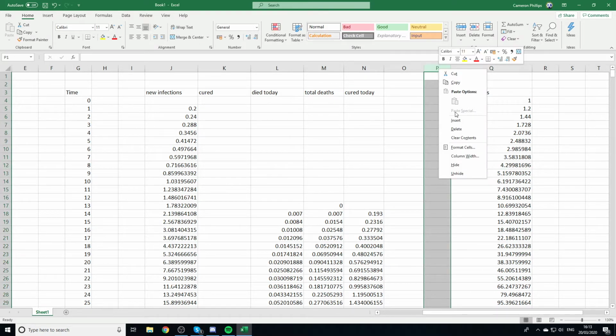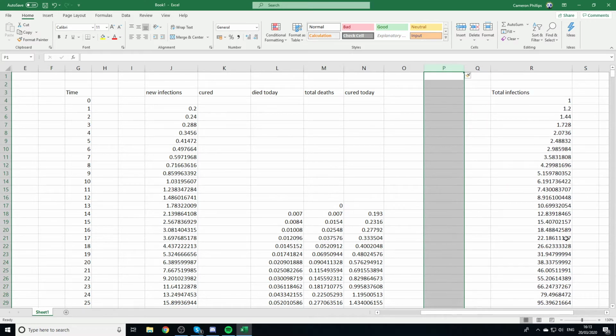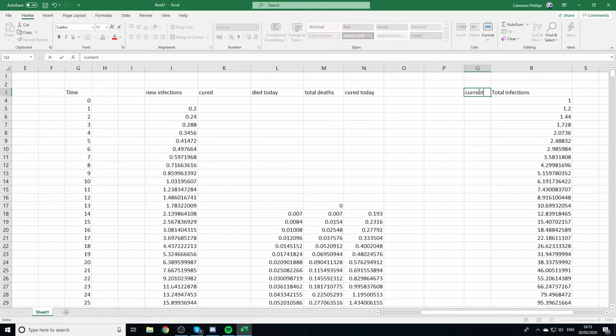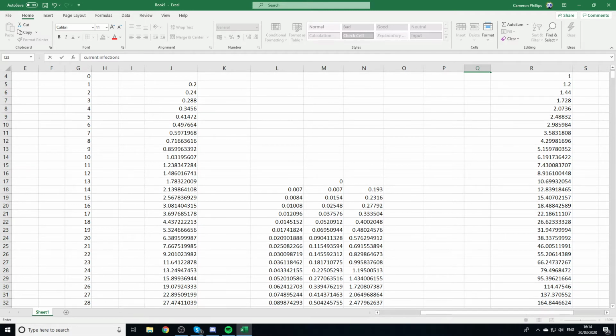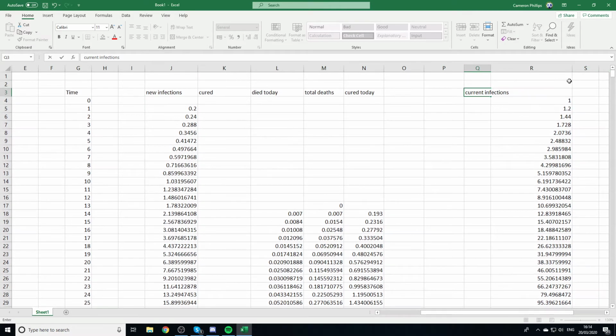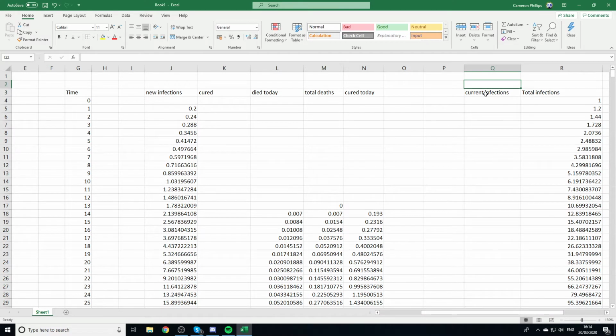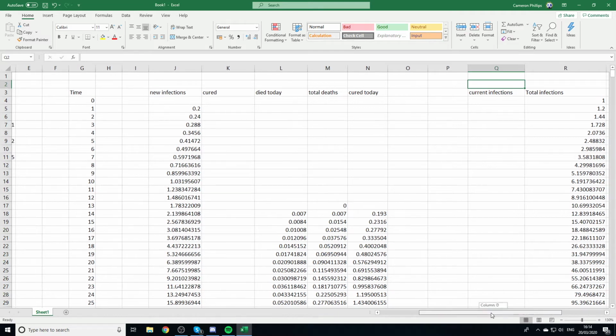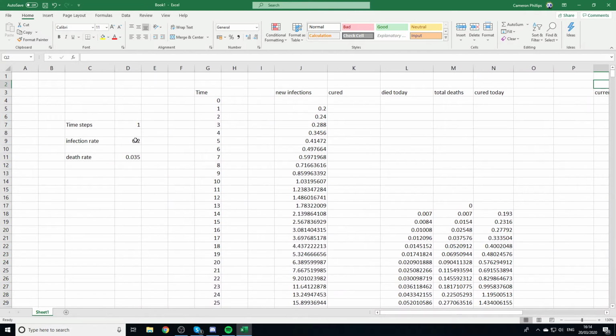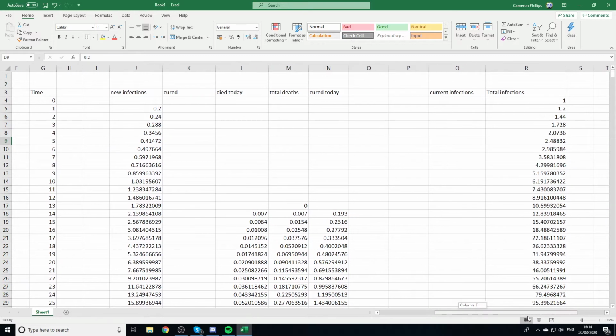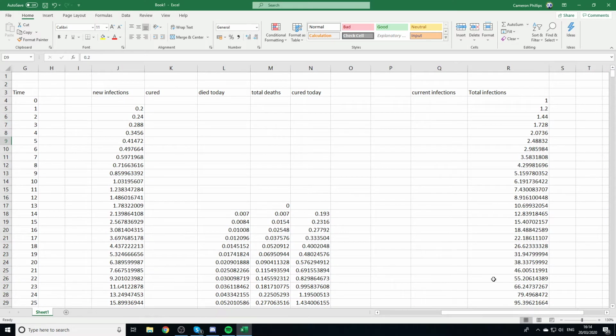Now the thing is that the total infections won't affect how many people get infected, because some of them will have been cured and some of them will have died. So we are going to have a current infections table, and that tells you how many people on any particular day will be infected, and that's very important because it's the current infections times by the infection rate that will give you how many people can catch it again. So what does the current infection equal?